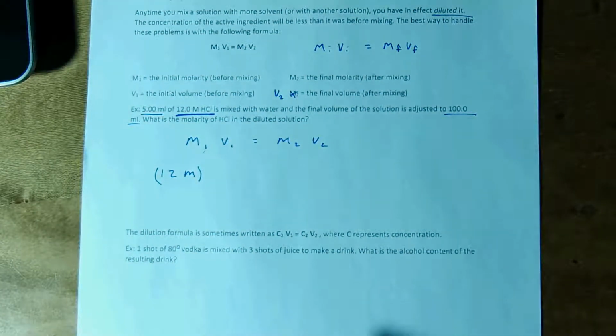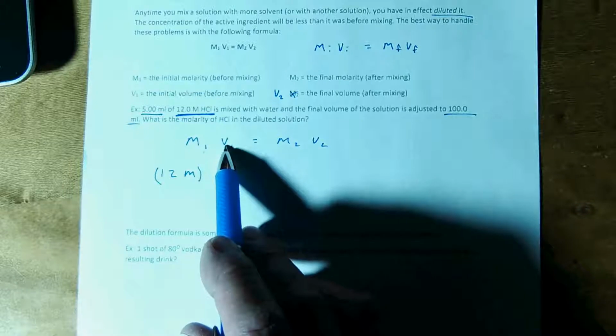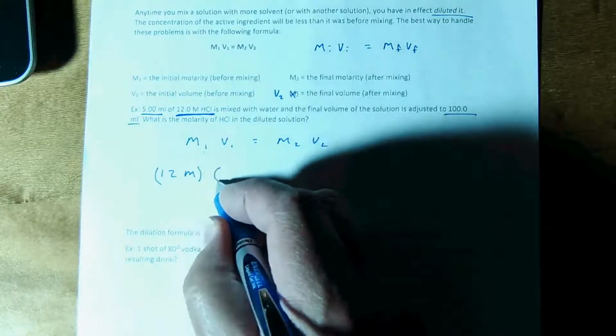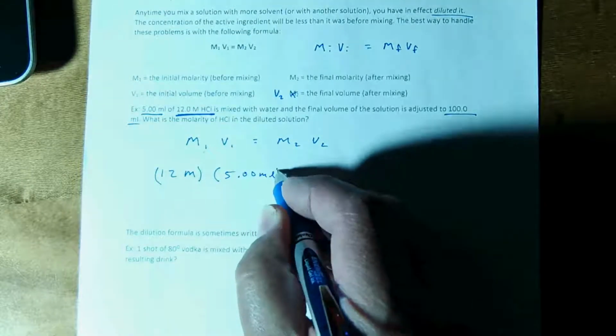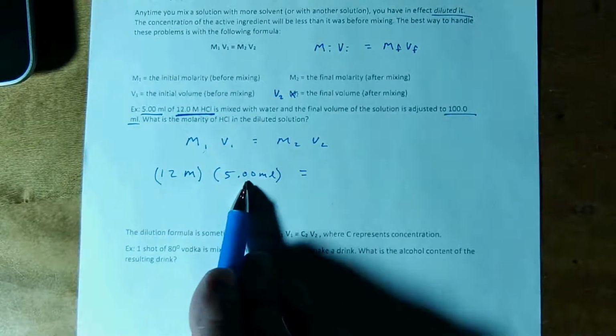How much stuff was diluted? Oh, 5 milliliters of 12 molar. That's the initial volume. V1 is the initial volume. That's my 5 milliliters. So this is my M1, V1.